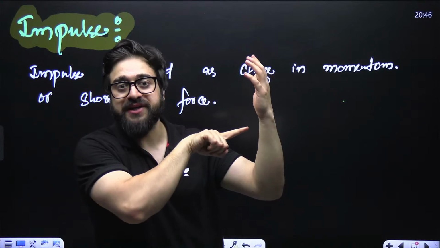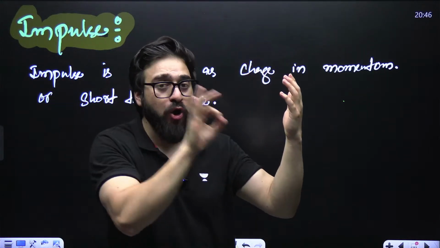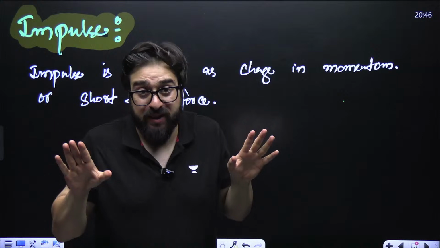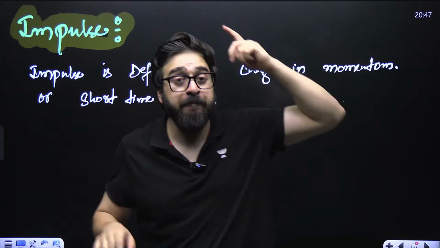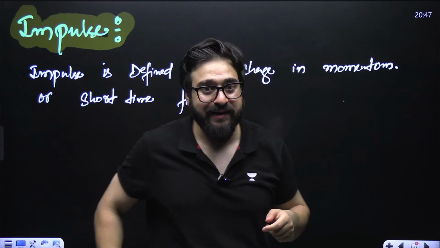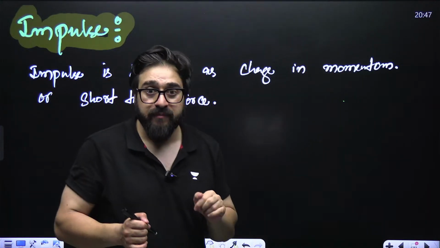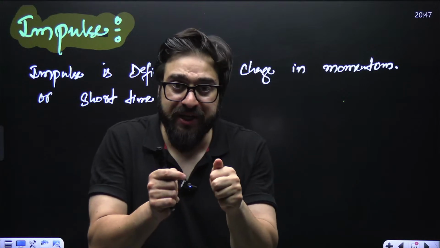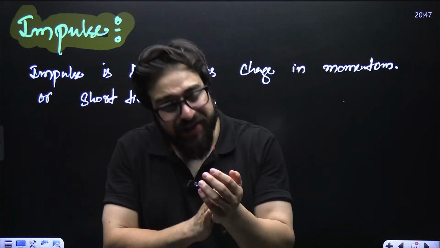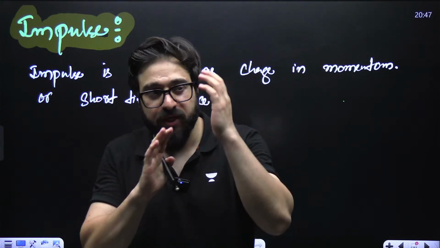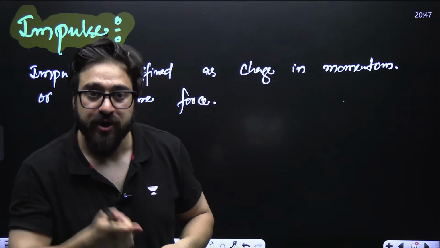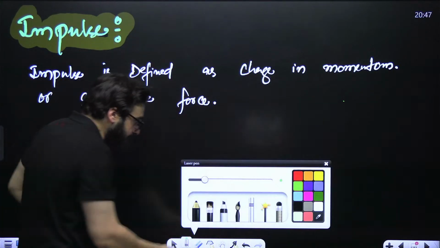I applied the short time force over here. This short time force is what we call the impulse. It is also defined as the change in momentum. Because of the short time force, momentum is changed. Now see, let me just tell you over here.